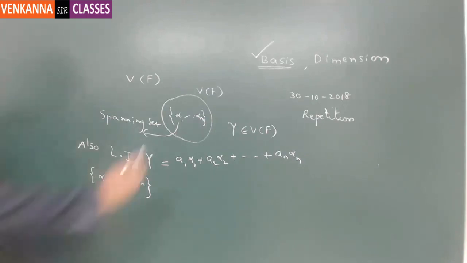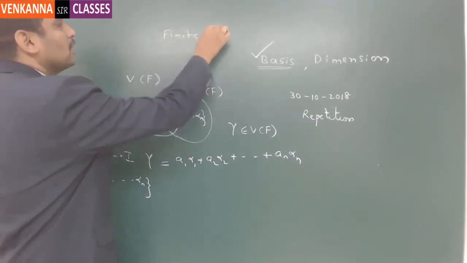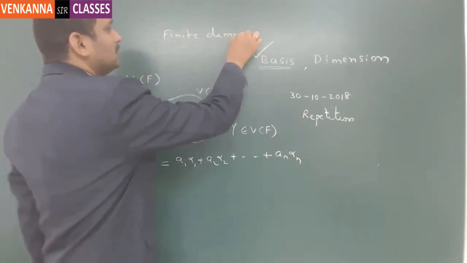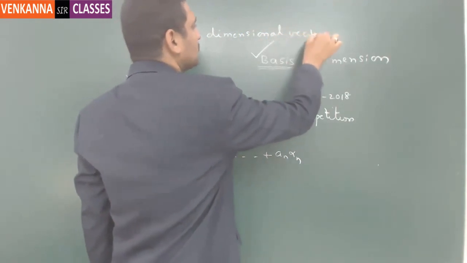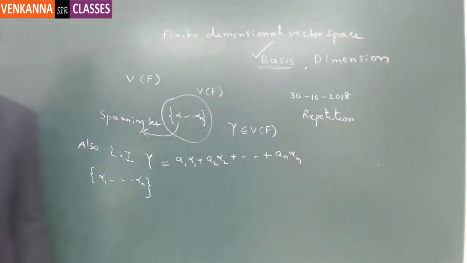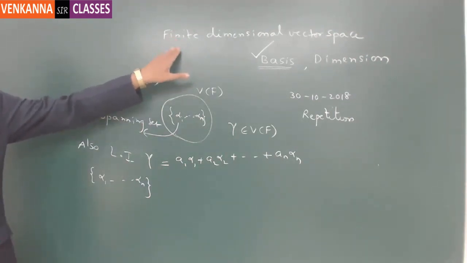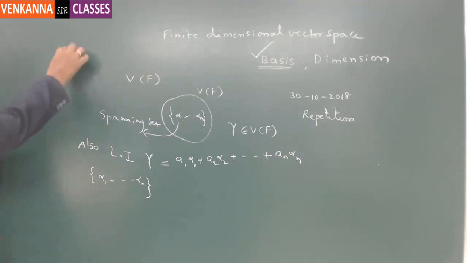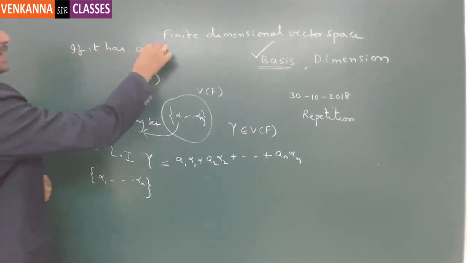So from this we arrive at a definition of what is meant by a finite dimensional vector space. Whenever we consider a vector space, we call it finite dimensional if it has a finite spanning set.